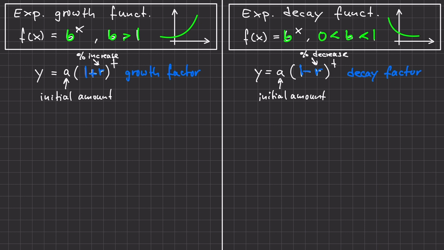The value of a car y can be approximated by the model y equals 35,000 times 0.75 raised to the power of t, where t is the number of years since the car was new.